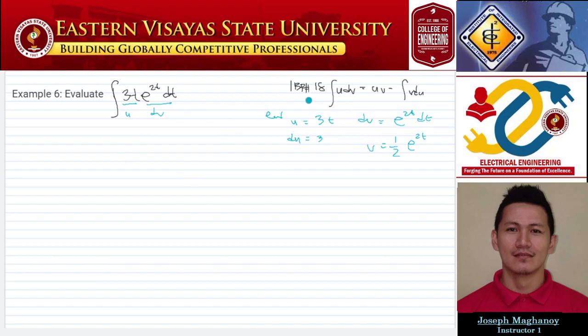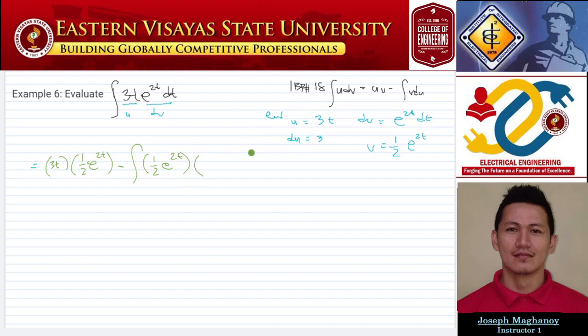So we follow the formal arrangement of our terms according to IBP 18, integration by parts formula number 18. Okay, so what is your u? Again, u is 3t. Your v is 1/2 e to the 2t, minus integral of v, that is 1/2 e to the 2t.